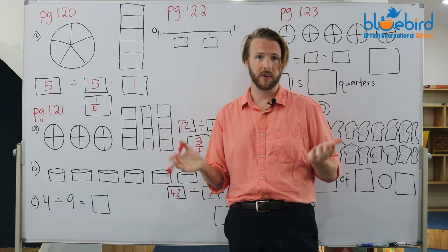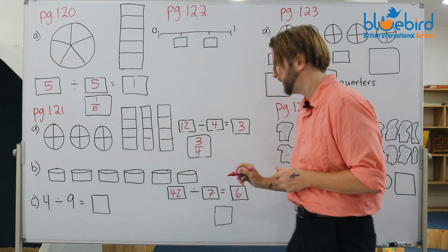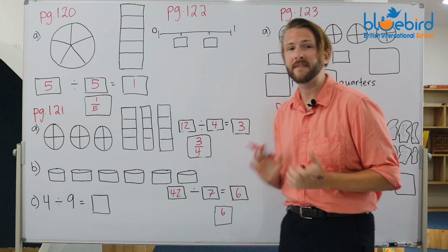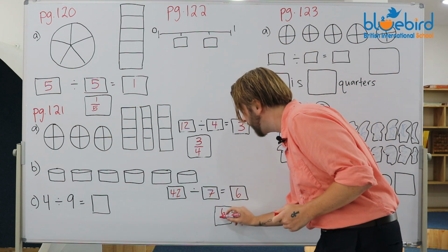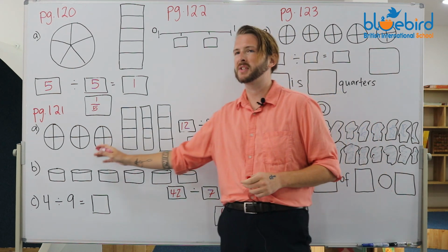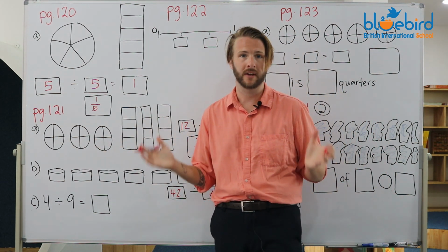So each boy will get 6/7 of a cake because each cake was divided into 7 pieces.